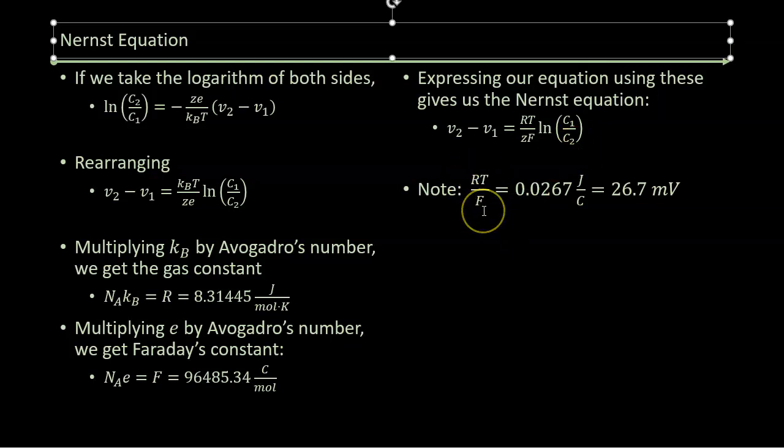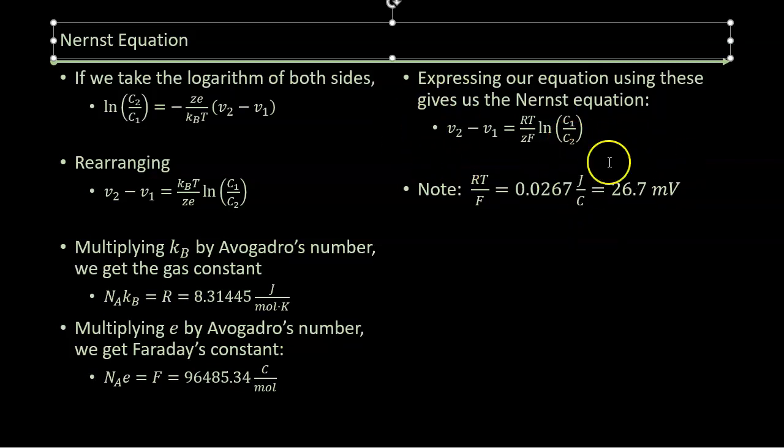RT over F is a constant. It's 26.7 millivolts. So it's 26.7 millivolts divided by the level of ionization, times the log of the concentrations. Now, one thing you should note when you go to use this: we absorbed a minus sign in the log at one point, so instead of being minus log C2 over C1, we have plus log C1 over C2.